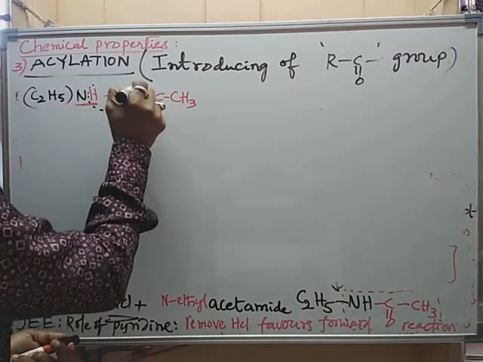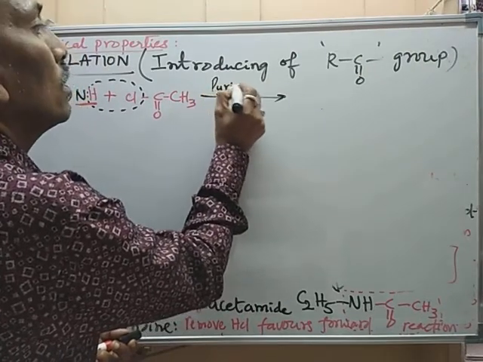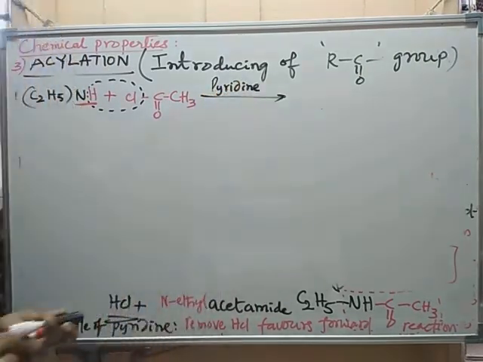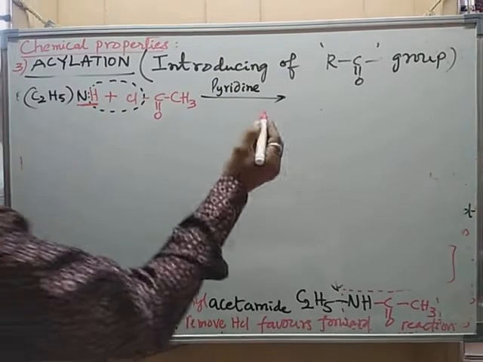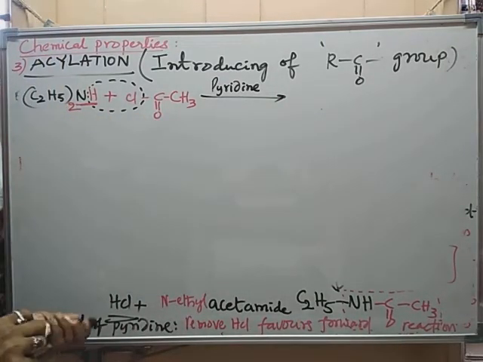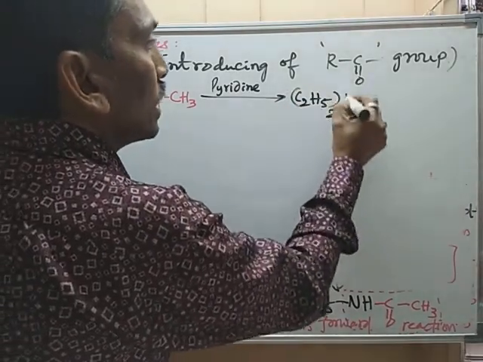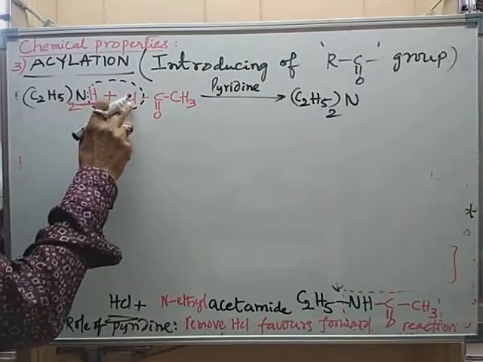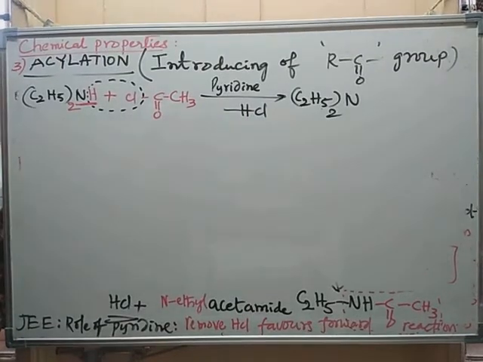This H is to be removed, and you write a base, pyridine. Then how do you write the product? The answer is (C2H5)2N; H is removed with Cl as HCl, and this is removed by pyridine, favoring the reversible reaction in the forward direction.